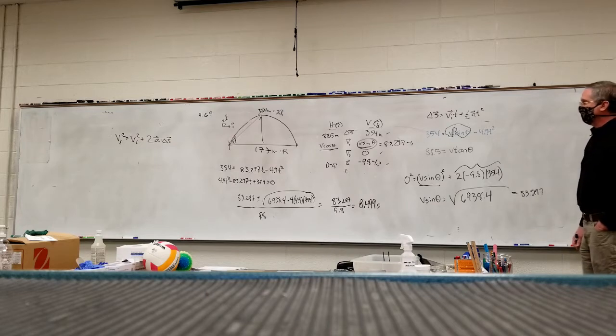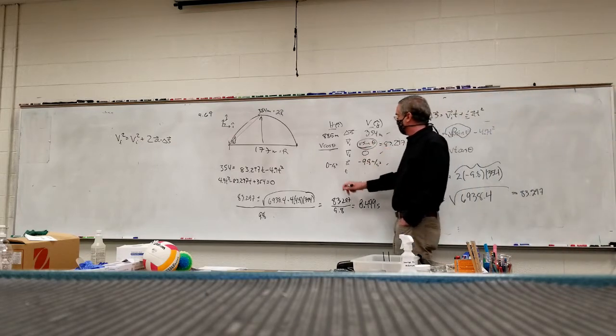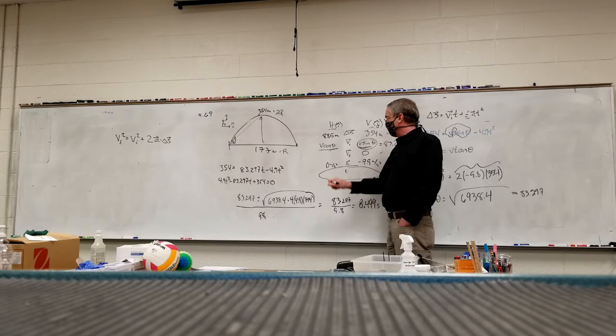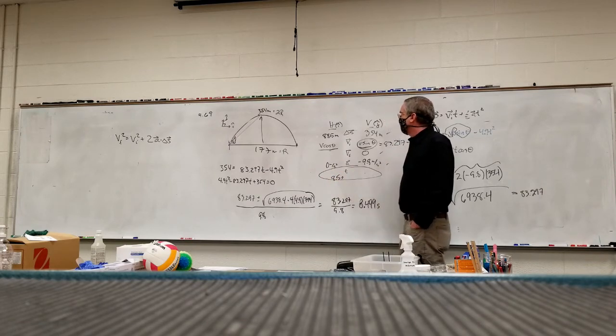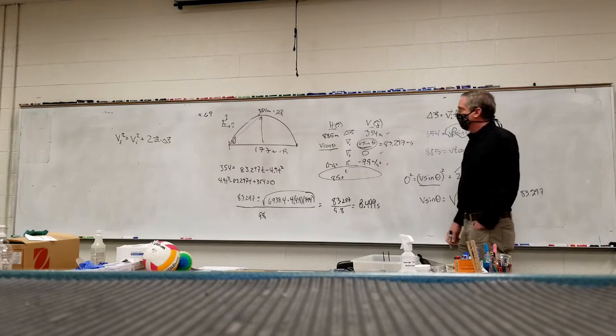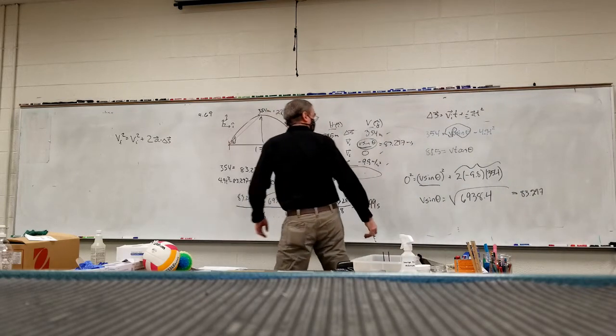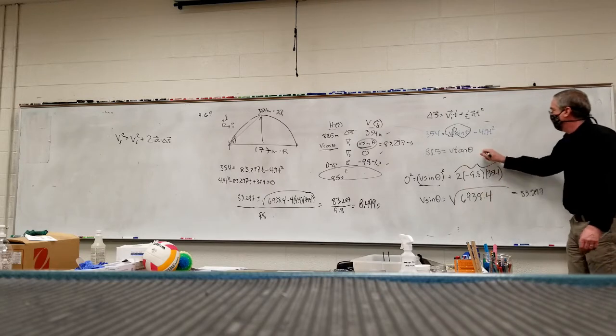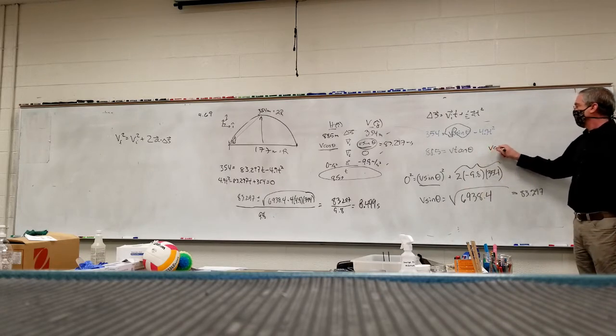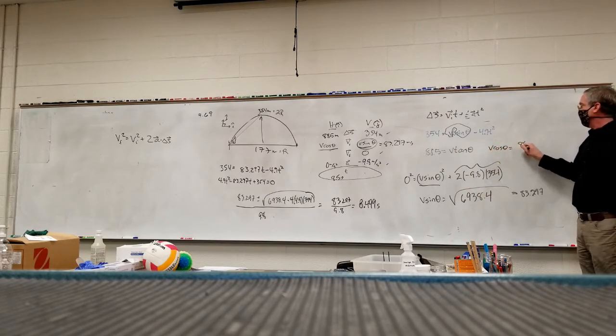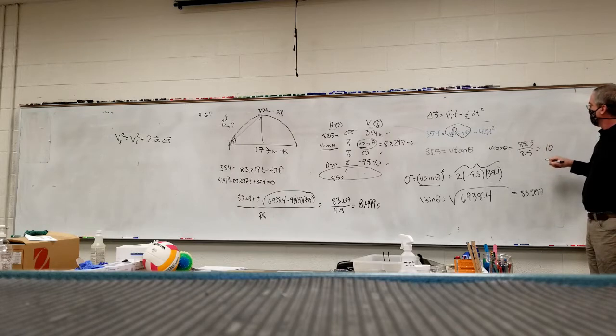We now know time. We can solve for v cosine theta now, because we have this value right here, 8.5, and plug it into the, well, we got it right here. So v cosine theta is equal to 88.5 divided by 8.5, which is 10 point something. 10.41 meters per second.